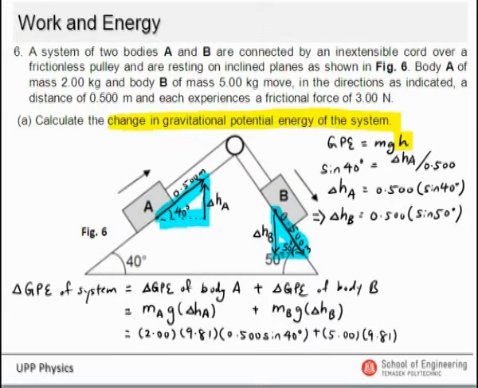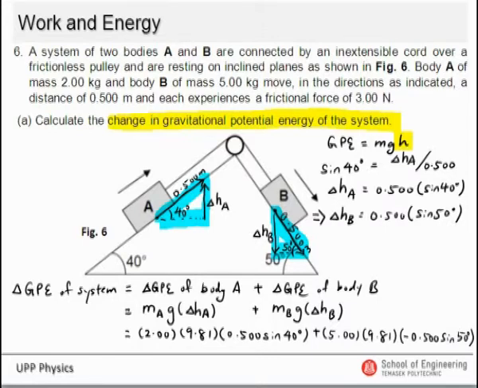But because body B experiences a drop in height, the change in GPE of body B is actually a negative value to denote that it is a loss. So we have to put a negative sign for the height, 0.500 sine 50 degrees.